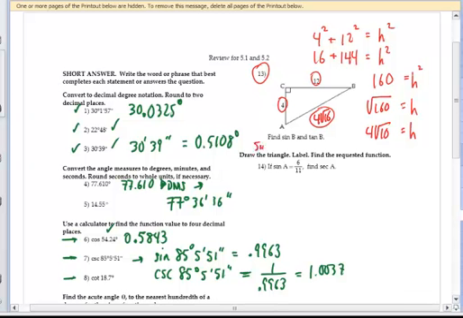So the sine ratio of angle B is going to be the opposite over the hypotenuse, because this is angle B. So we'll write here sine of B equals 4 over 4 root 10.